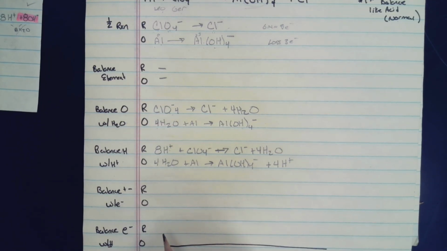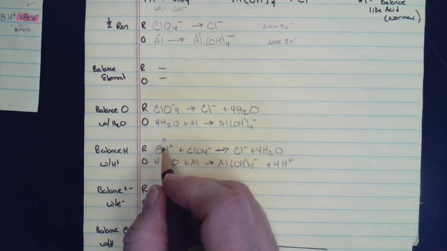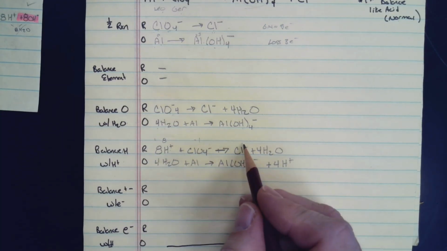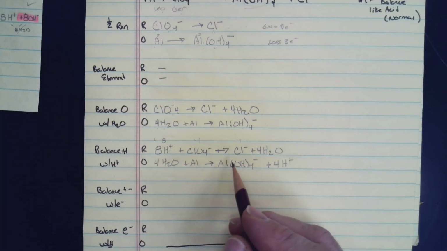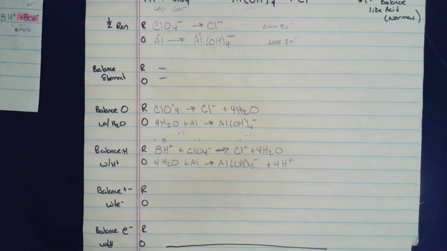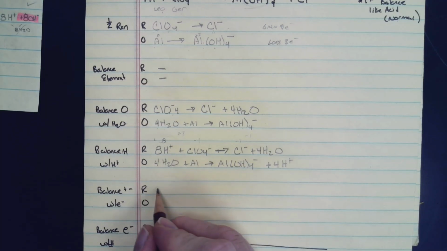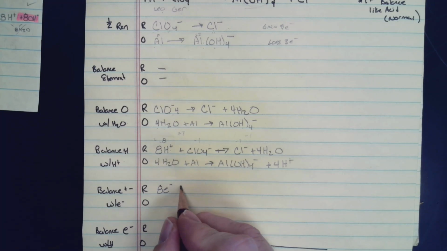Now I need to balance my plus and minuses with adding electrons. So let's go. We got 8 plus here, -1, -1. So I've got a +7 on this side, a -1 on this side. So I need this to be a -1 on this side. So I'm going to add 8 electrons.